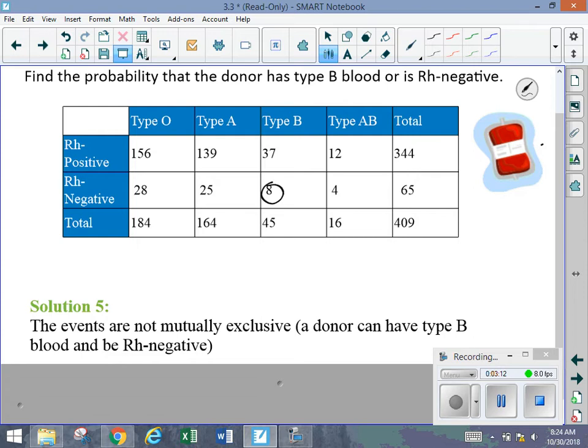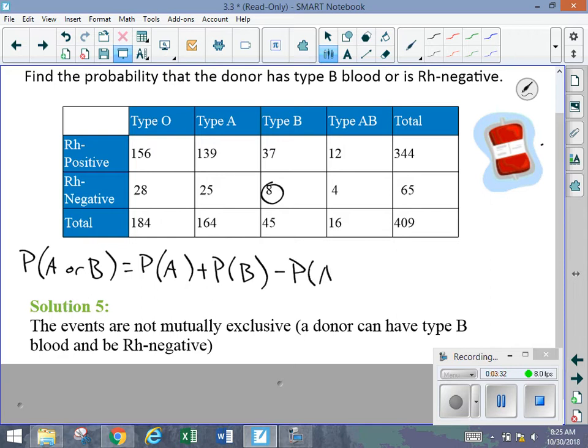Probability of A or B is equal to the probability of A plus the probability of B minus the probability of A and B.